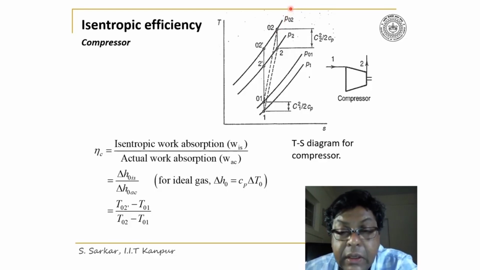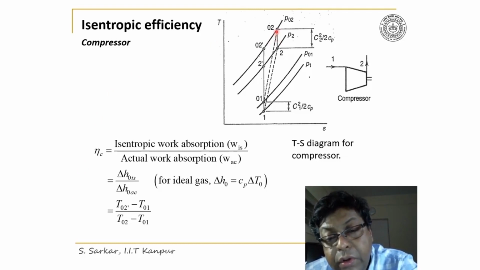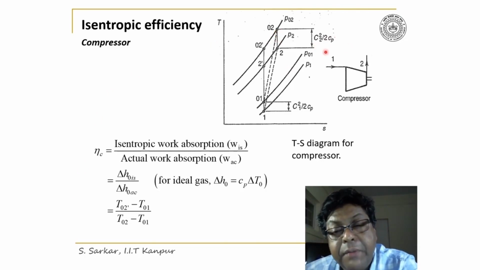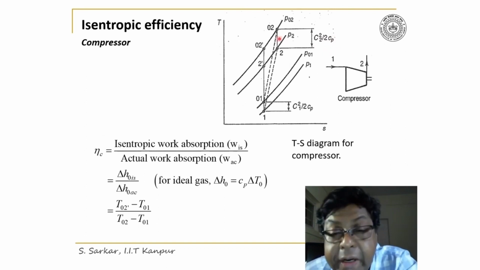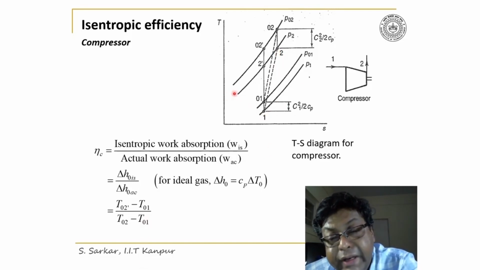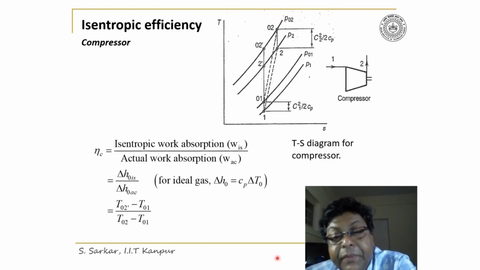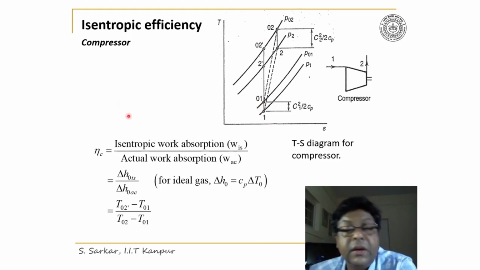So I have considered P0, 2. Now from 0, 2, if you subtract C2 squared by twice Cp, you will get 2. So now you can identify P2. Thereby P0, 2 and P2 are identified, and thus 0, 2 and 0, 2 dash. 0, 2 dash would correspond to isentropic compression.